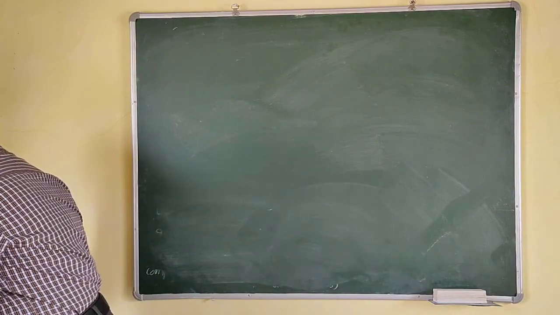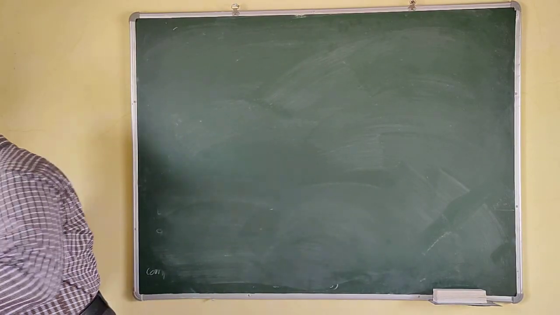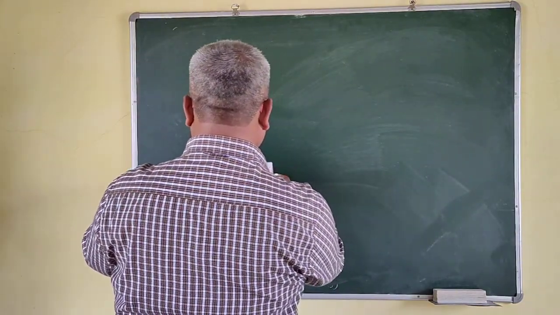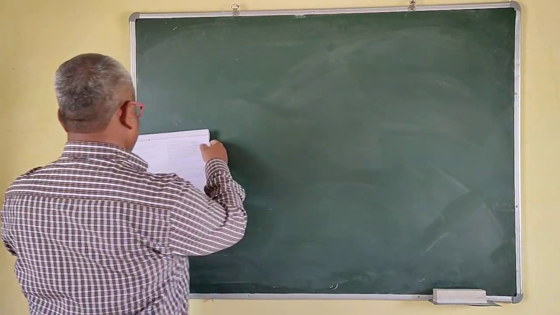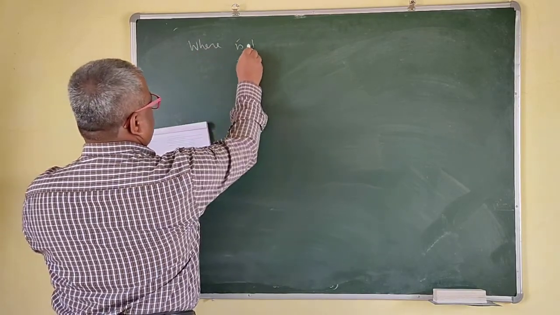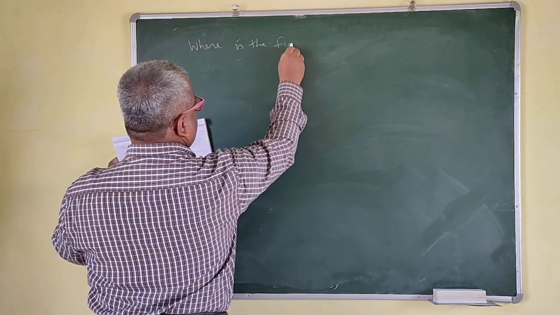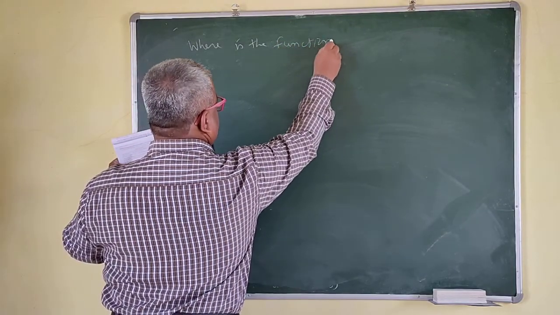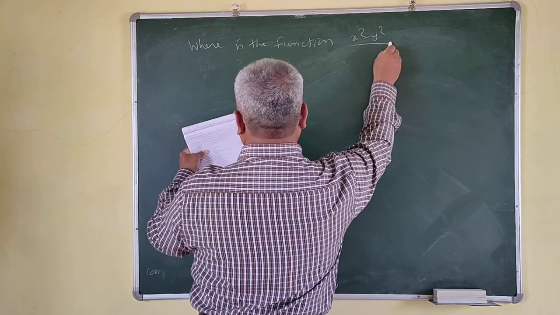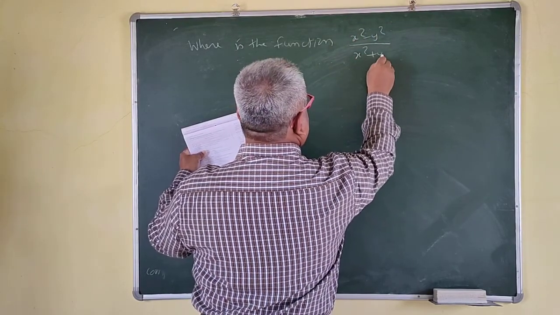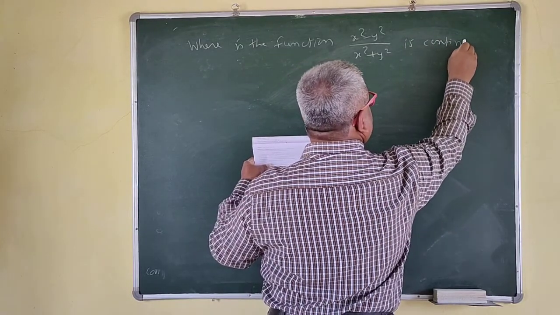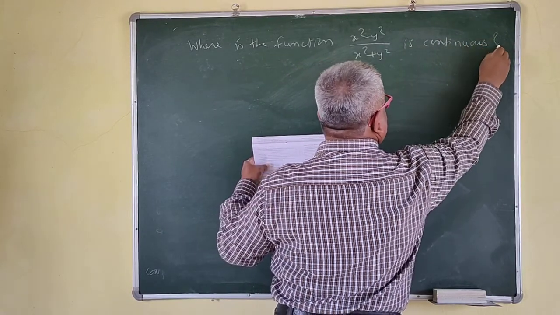So we'll take examples. Where is the function (x square minus y square) upon (x square plus y square) continuous?